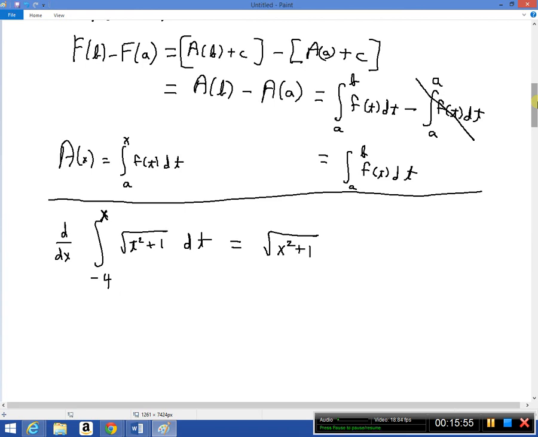let's try another problem. This time this is a little different. What would the derivative of, let's try the same problem, except I'm going to switch the limits of integration.